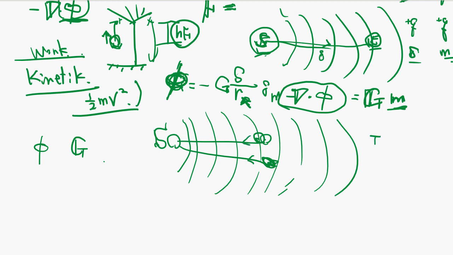So the theory of the gravity effect is going to be pretty much the same as the electromagnetic. It's all consistent except for sign, right?